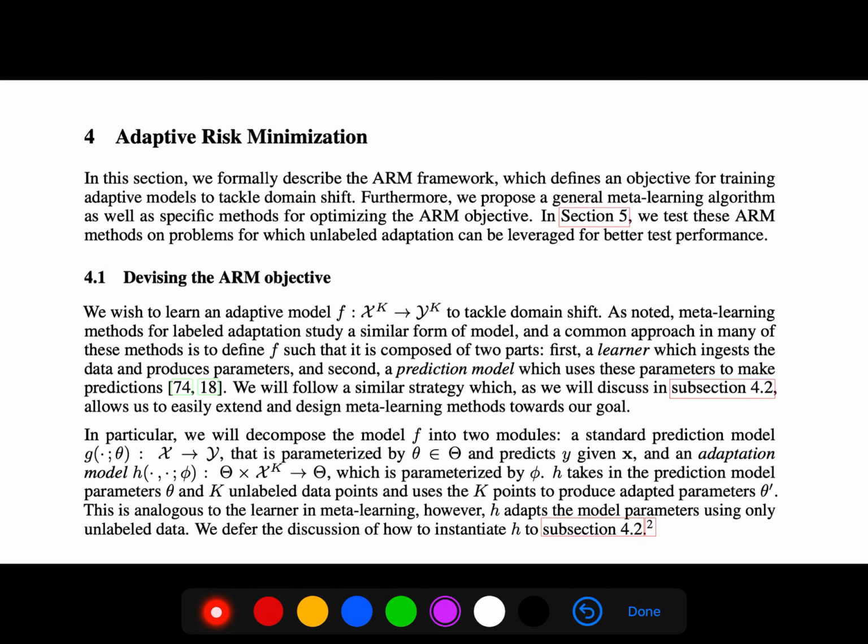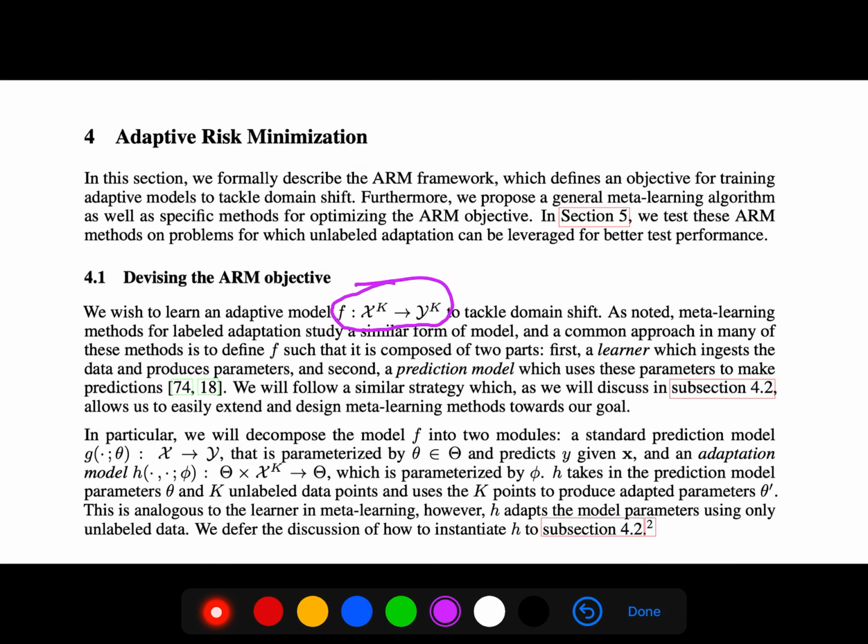We wish to learn an adaptive model to tackle domain shift. Meta-learning methods for label adaptation study a similar form of a model. A common approach in many of these methods is to define F such that it is composed of two parts. First, a module which ingests the data and produces parameters, and second, a prediction model which uses these parameters to make predictions.